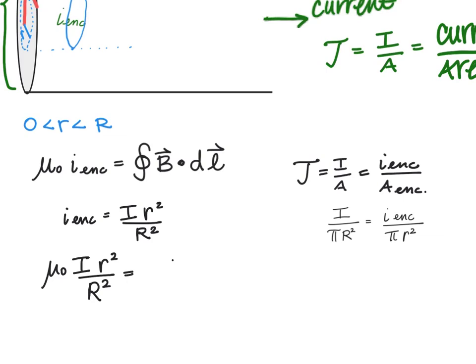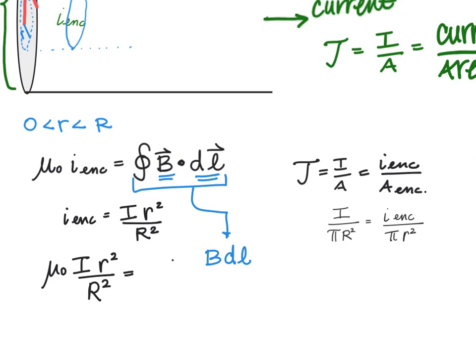now once again, this piece over here represents the magnetic field dot product with the little tiny line increments. And remember, as we go around our Amperian loop, our magnetic field is parallel to the loop.